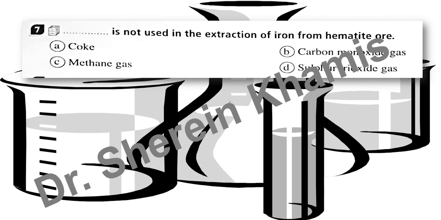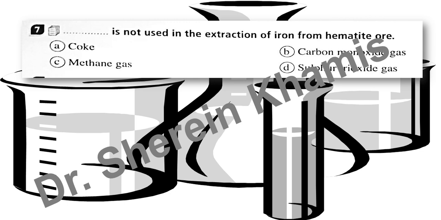Question number 7 here. It says, what is not used in the extraction of iron from hematite ore? We don't want a substance here. We have coke, carbon monoxide gas, methane gas, sulfur trioxide gas.